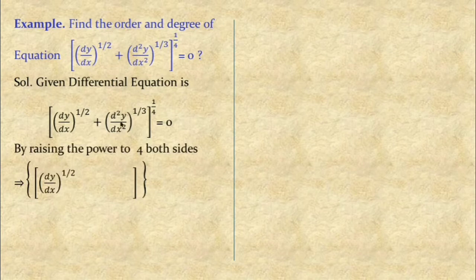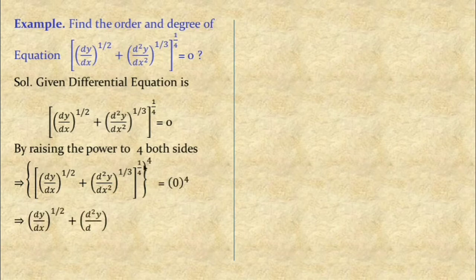Then 1/4 into 4 gives power 1, using the formula a power m whole power n is equal to a power mn. We need not write that power 1, and 0 power 4 is equal to 0. So by applying power 4 we eliminate the 1/4 from the equation.